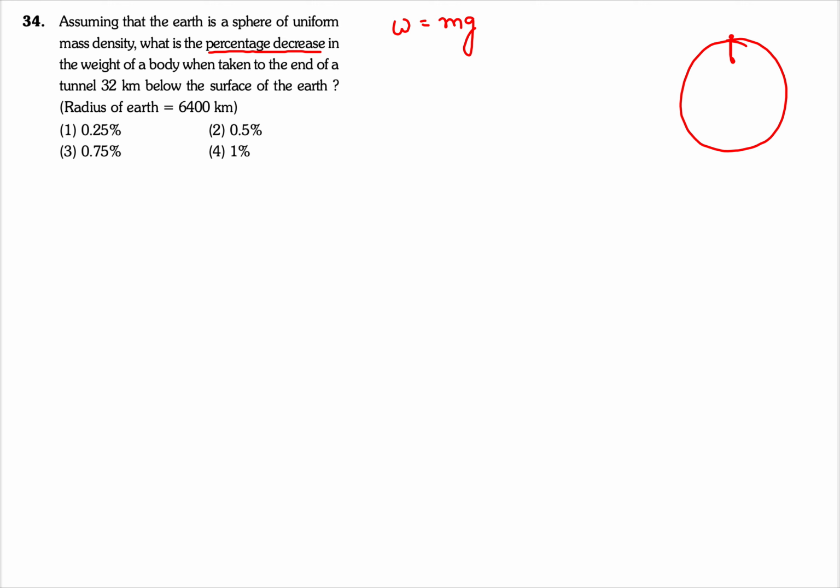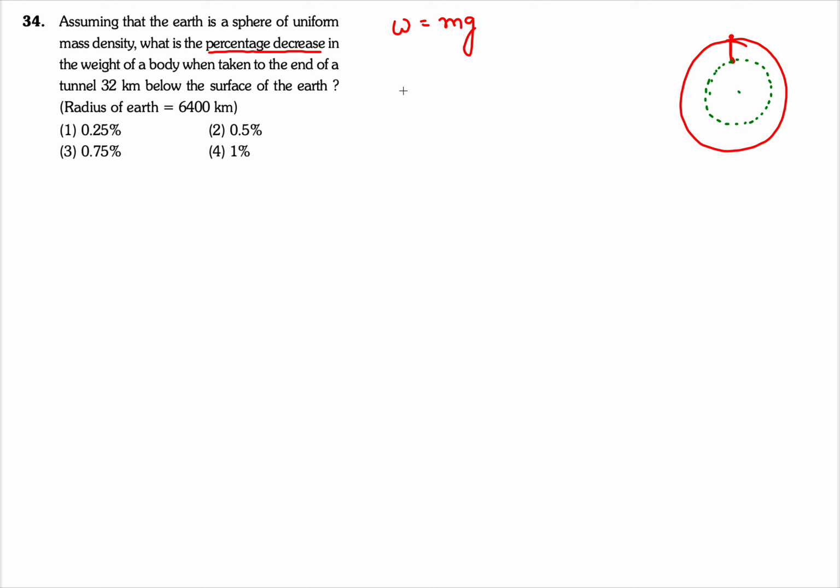At this point, how can we take out how much g will change? Only this part of the earth will be responsible to attract the object. So only this part of earth will produce gravitational acceleration force on this object.